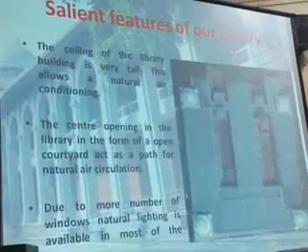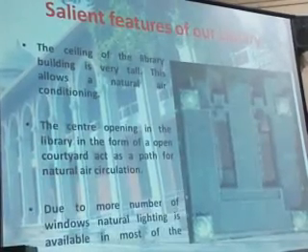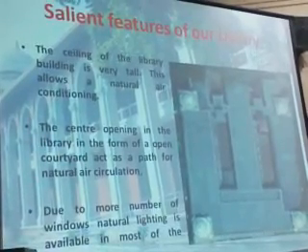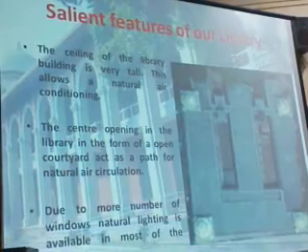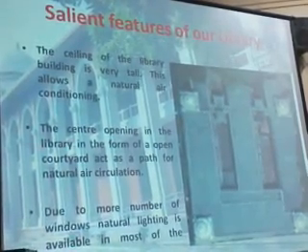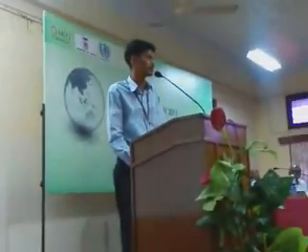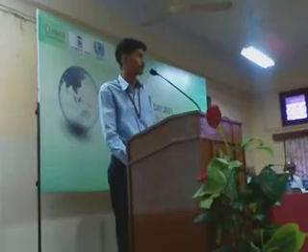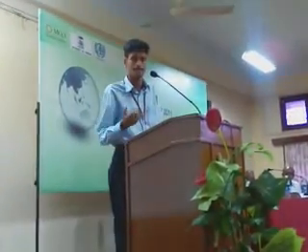Next, the ceiling of the library building is very tall, so that the air can circulate in more space, thereby reducing the heat within the room. And many windows were present, so that it provides natural ventilation and natural lighting too.